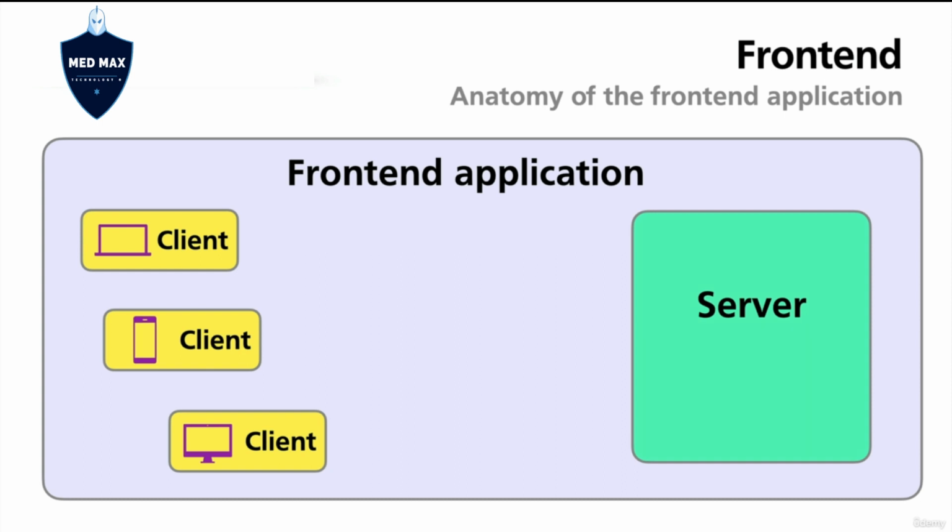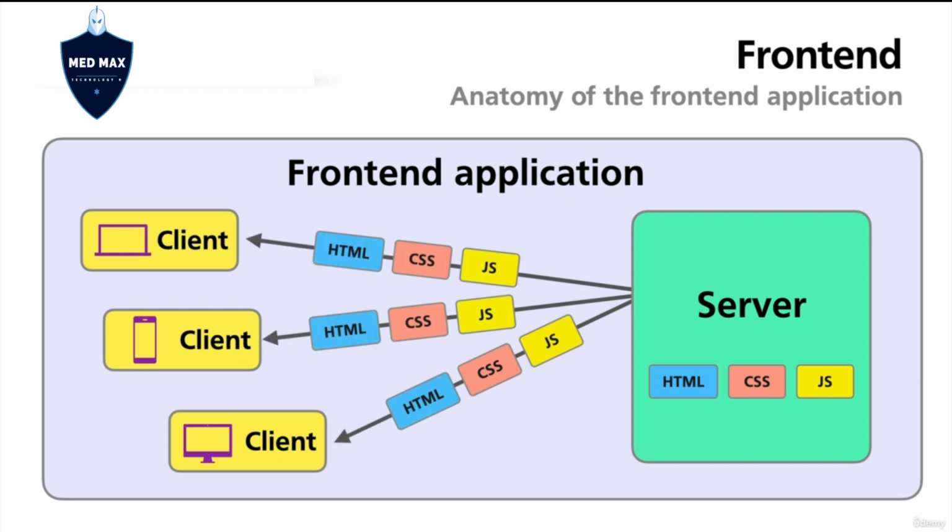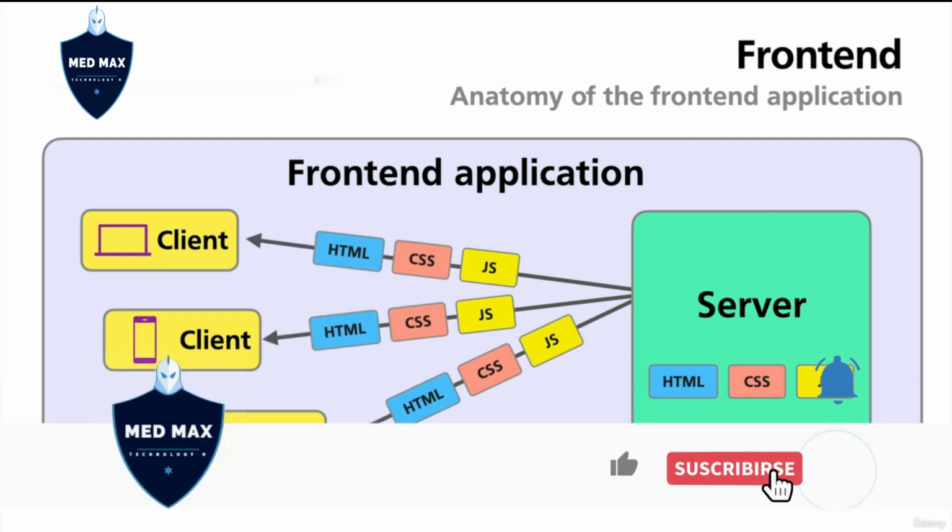That's actually the place where built front-end application files are hosted, or where, for instance, a dynamic CMS, content management system, is running. Thus, the server has either static HTML, CSS, and JavaScript files, or dynamic ones, which are created upon each specific request from the clients. And those HTML, CSS, and JavaScript files are distributed to the clients over the internet in order to make them able to run a specific front-end application.